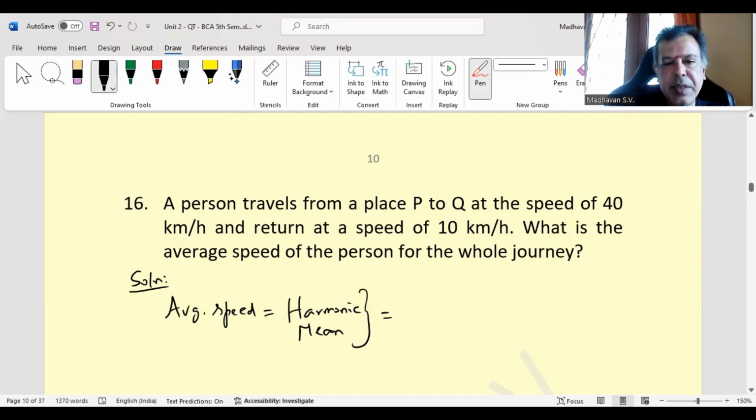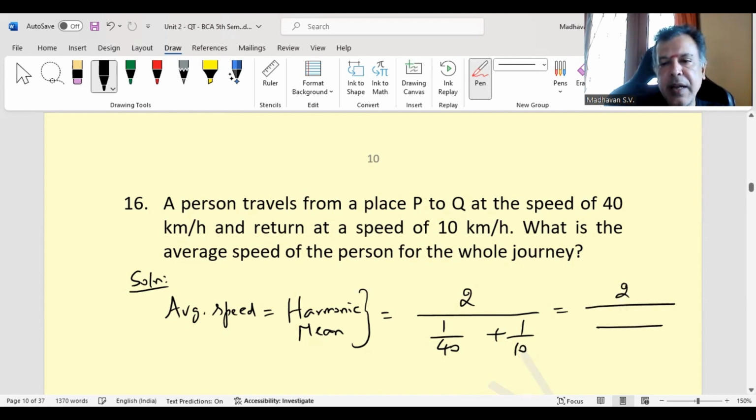Since there are two observations, numerator will have 2, denominator will have sum of the reciprocals, means 1 by 40 plus 1 by 10. So it is 2 divided by LCM of 40 and 10 will be 40. So here it is 1, here it is 4.